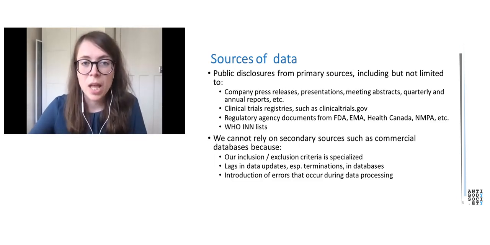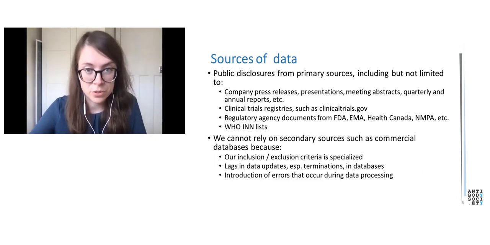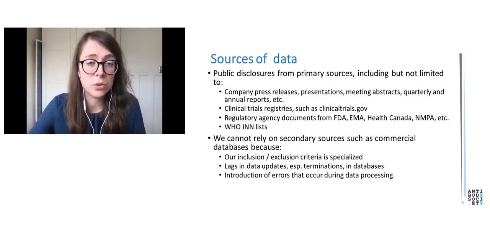Sources of data. We rely on public disclosures from primary sources, which are mainly companies, company press releases, presentations, meeting abstracts, articles, annual reports, and also what the companies upload on their clinical trial registries, such as clinicaltrials.gov and others, and also on reliable sources such as regulatory agency documents and the WHO INN lists.